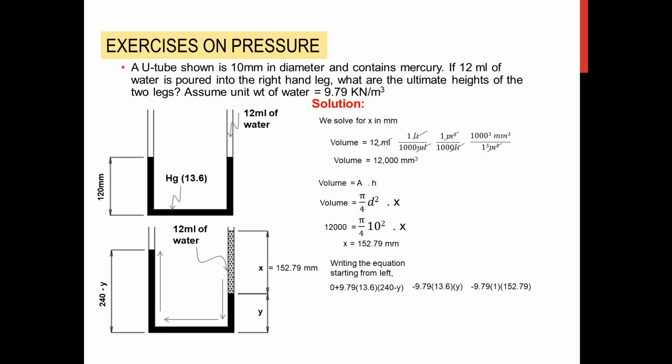And then again we go up negative 9.79. This time this is water, so we multiply that by 1 multiplied by the head, 152.79. And the end pressure is equal to 0 since the water surface is exposed to the atmosphere.